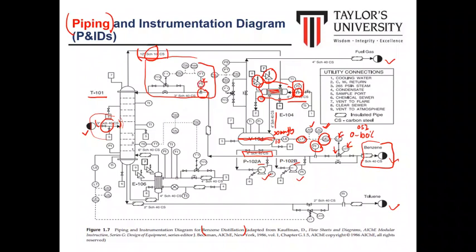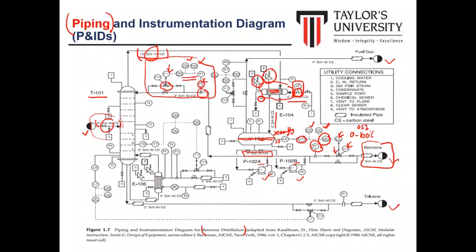The flow transmitter will transmit the signal to the flow rate controller, and then based on the flow alarm low or flow alarm high, it passes the signal to the computer before we can range the control valve here, the flow control valve, with the opening depending on the signal received here.